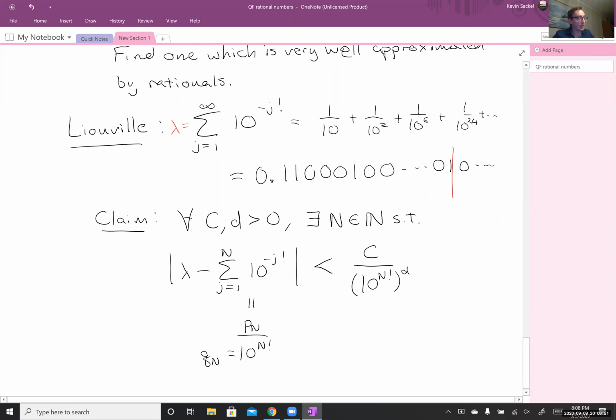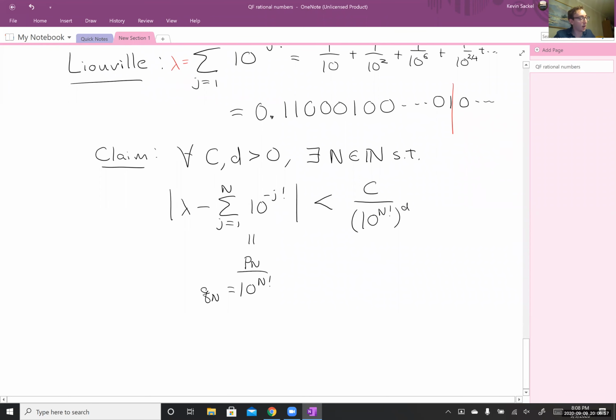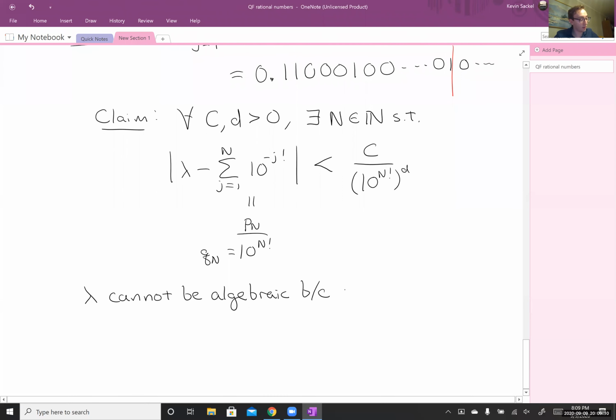So what this means is that, if you believe this inequality, then lambda cannot be algebraic, because if it were, we wouldn't be able to have this property.